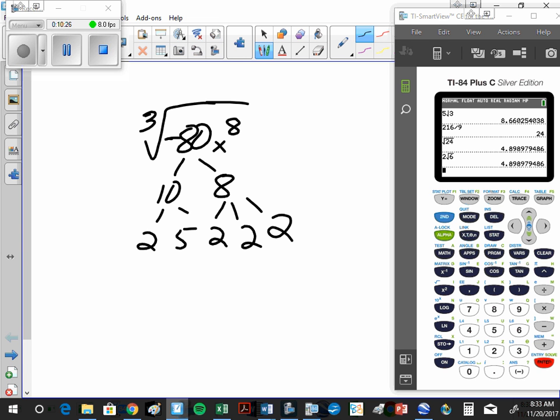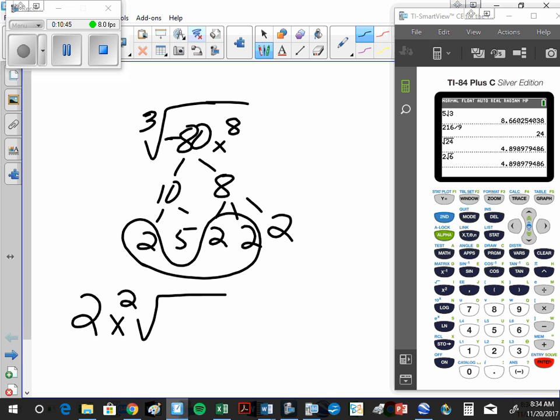Okay, what am I looking for? Triplets. Do I have any triplets? Yes, I have triplets of 2. So I bring a 2 to the outside. What about with the x's? 2 triplets with 2 left over. So x squared. And then on the inside, I have a 5 and a 2, which equal 10. And then I took out 6 of the 8 x's. X squared.